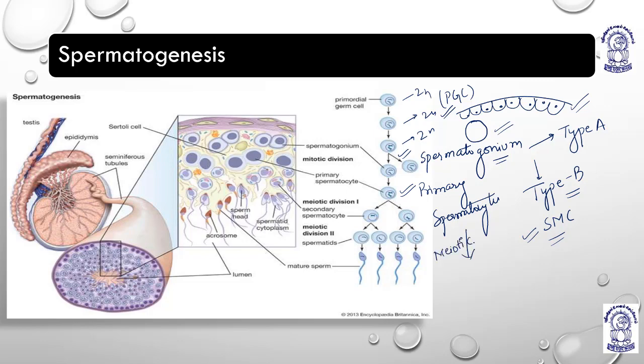Now the number of chromosomes is going to change, right? The primary spermatocyte is 2n, but the secondary spermatocyte is, what? N, haploid. Now the secondary spermatocytes are going to conclude with the second meiotic division.